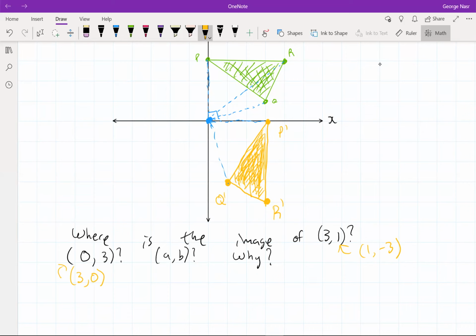One thing to note that I've already mentioned is that the coordinates are getting flipped around. This is somehow encoding a 90-degree rotation, and it's not quite clear why, but those aren't details we're going to dwell too much on. Okay?